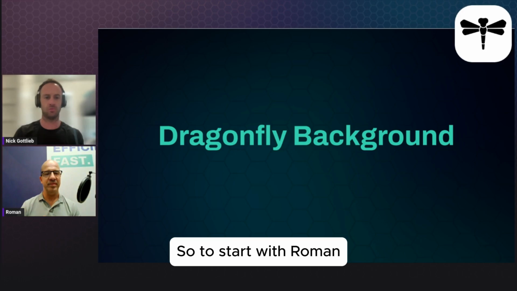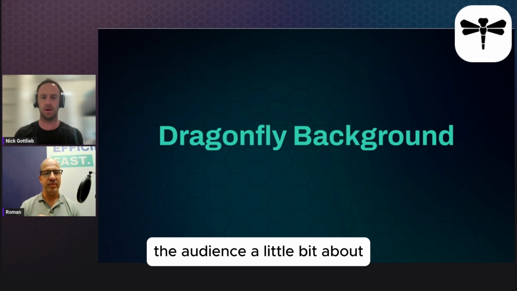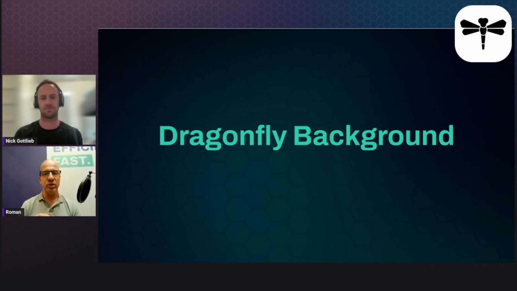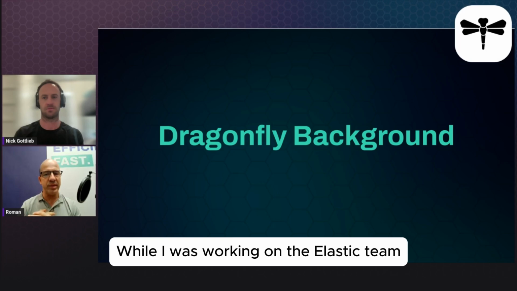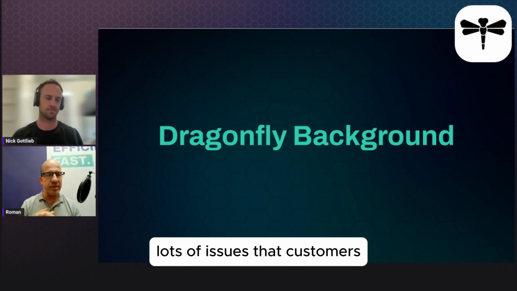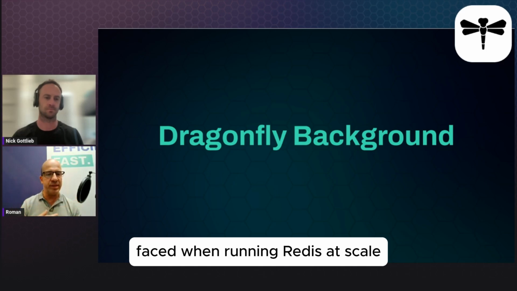So to start with, Roman, I'd love for you just to tell the audience a little bit about how you came to start the Dragonfly project. Sure. While I was working on the Elasticache team, I had the chance to learn and investigate lots of issues that customers faced when running Redis at scale.